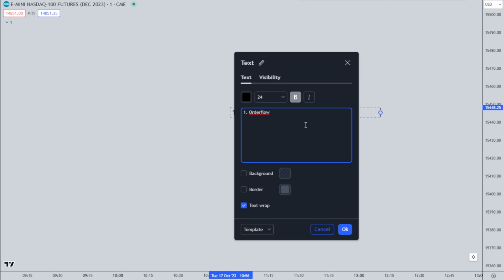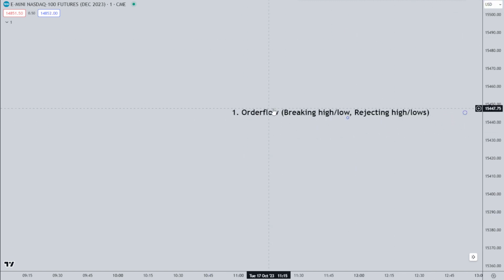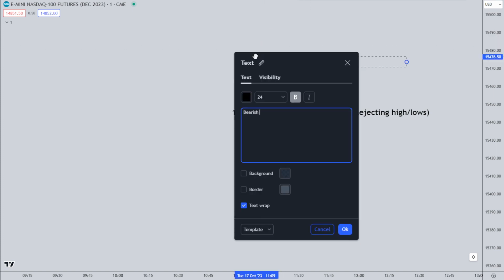Okay, so you have to identify order flow, which is, are we breaking highs or are we breaking lows? And are we rejecting highs or rejecting lows? Okay, so in bearish order flow, you want to be breaking below the lows. Bearish order flow, you want to be breaking the lows and rejecting the highs, aka turtle soups, rejecting the highs.